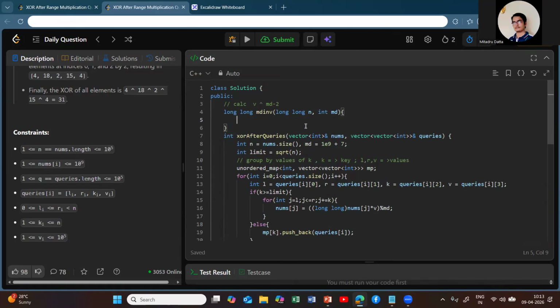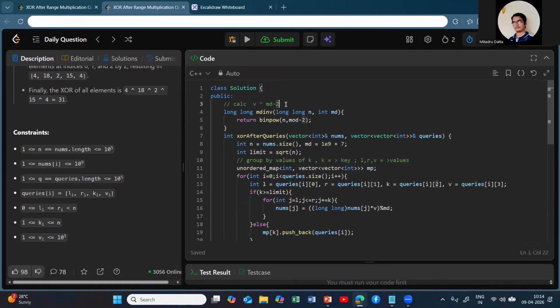Int mod, and you need to return, let's say, binary exponentiation of 10 to the power 9 plus 7 to the power mod minus 2. Mod is a very large number, 10 to the power 9. You cannot use even a linear operation to multiply this. So you can't say that, hey, I will just multiply this mod minus 2 number of times.